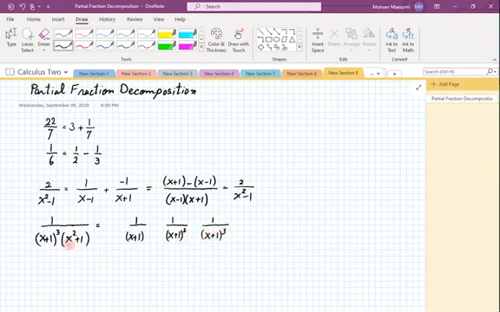Well, this one should come from something on the right hand side as well. Obviously it doesn't come from these. I hope you don't confuse this one with this factor here. This is called an irreducible quadratic, something that cannot be factored into ordinary real numbers. So in this case we have power 1 here, and here we also have power 1.